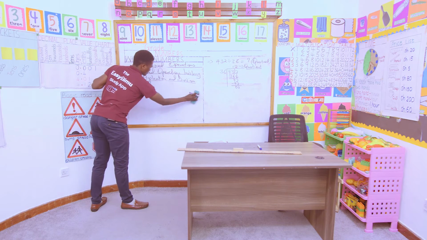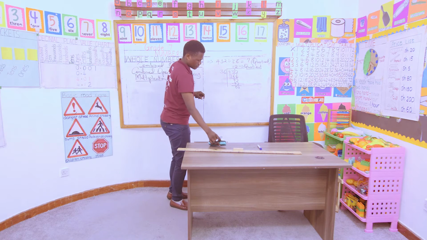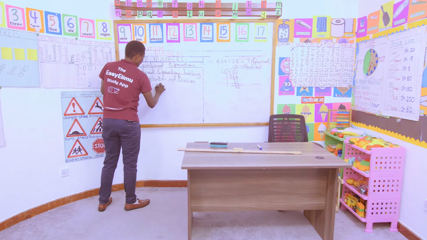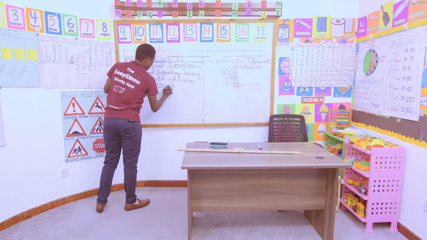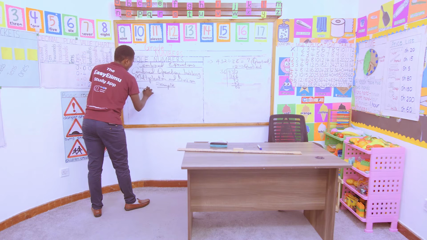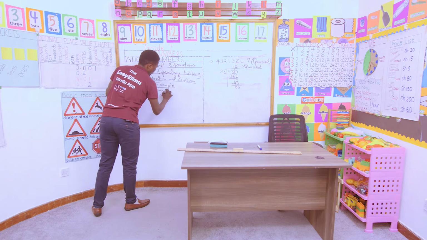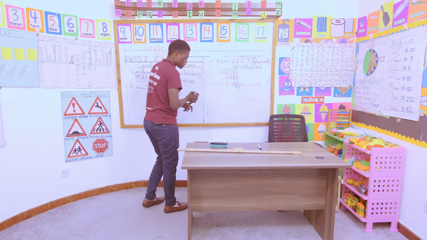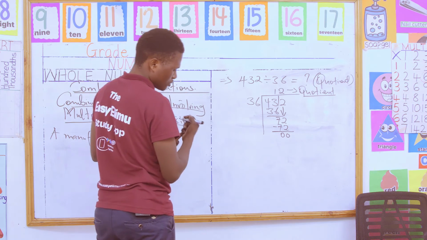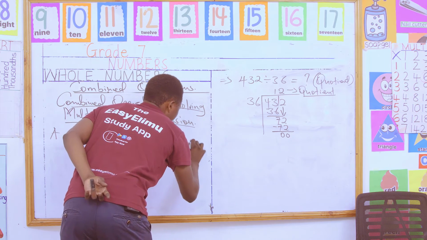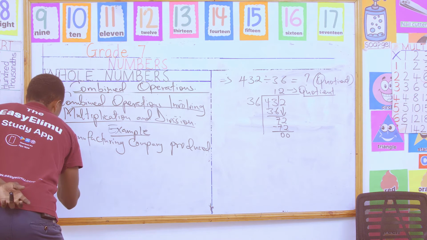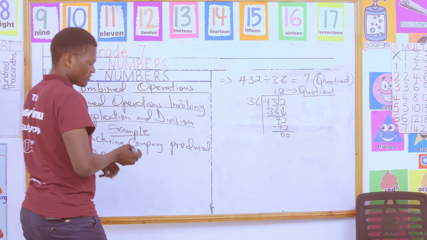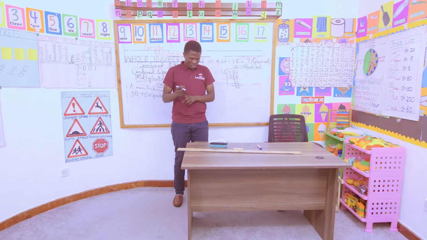The last example, a manufacturing company produced 30,750 packets of soda.